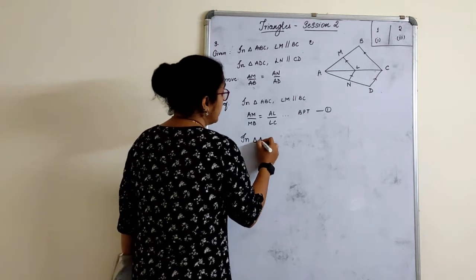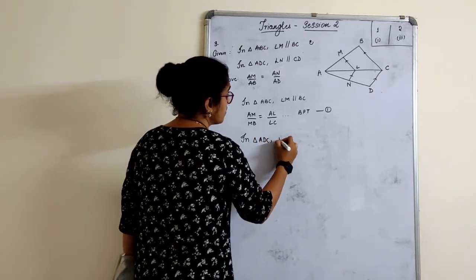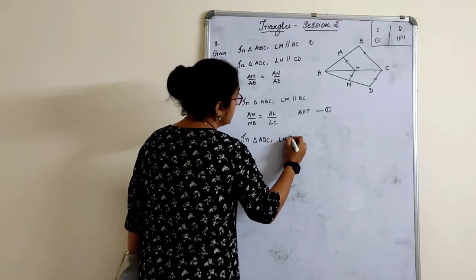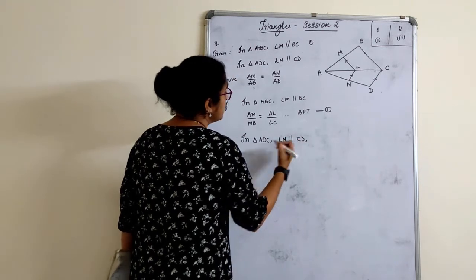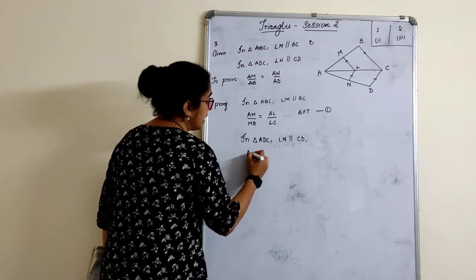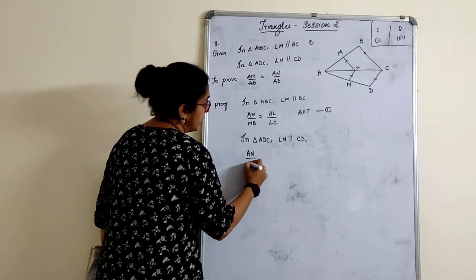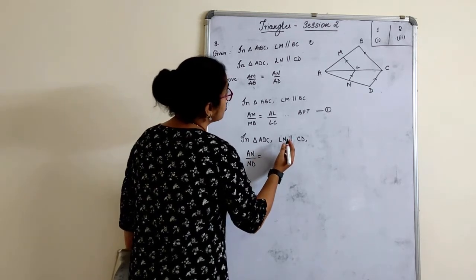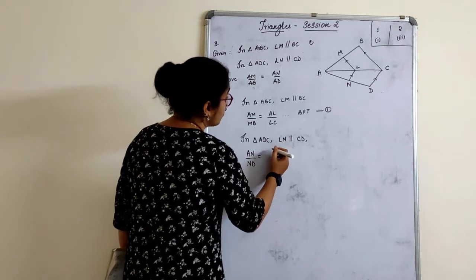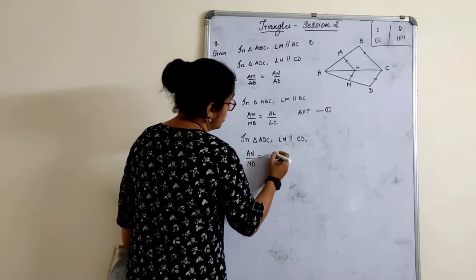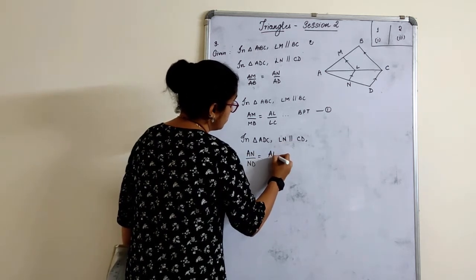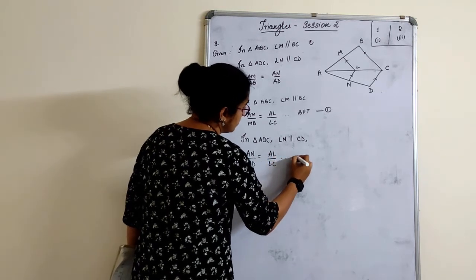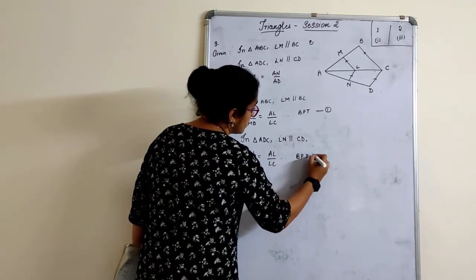In triangle ADC, LN is parallel to CD. So AN upon ND is equal to AL upon LC, BPT.